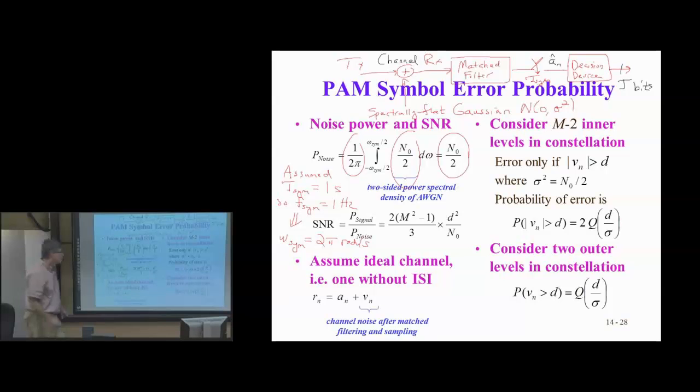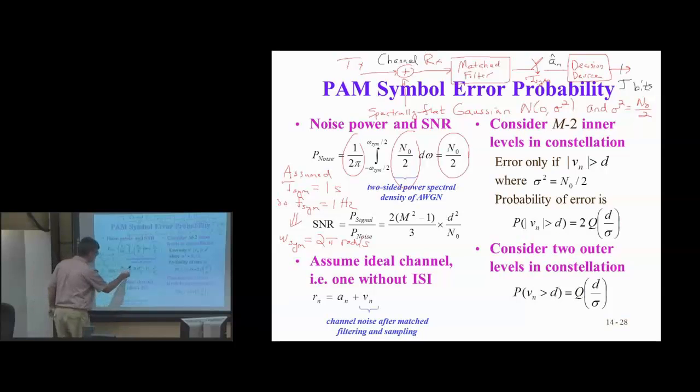The variance was N naught over 2, just from earlier. It's a historical approach to variance. The 2 sometimes goes away and sometimes it doesn't. Anyway, this is an older way of looking at it, but still valuable.